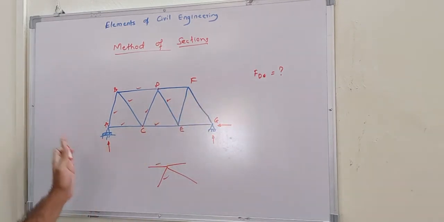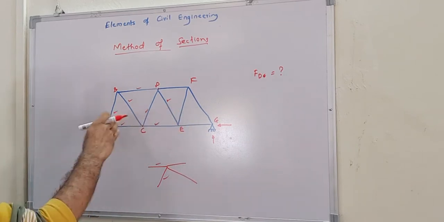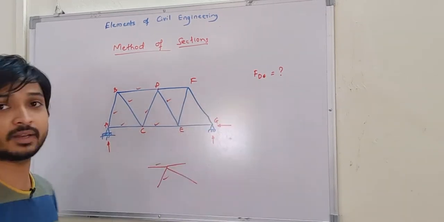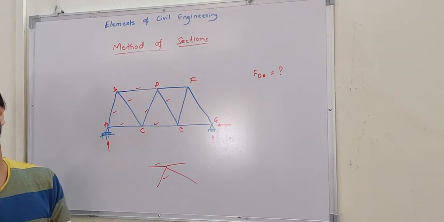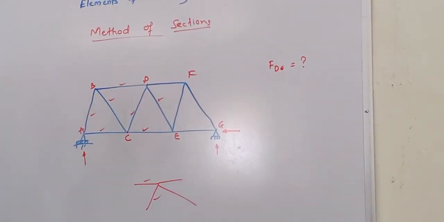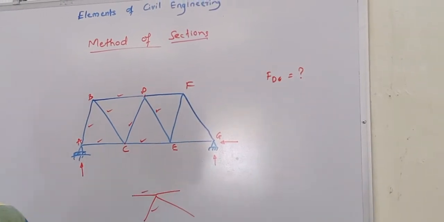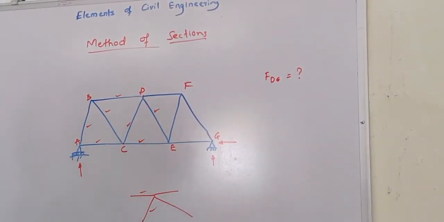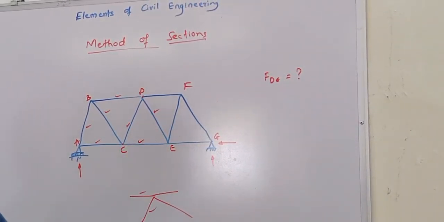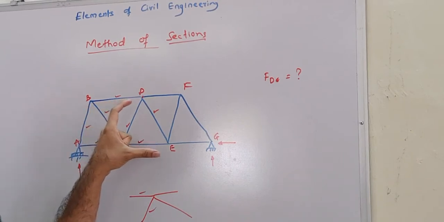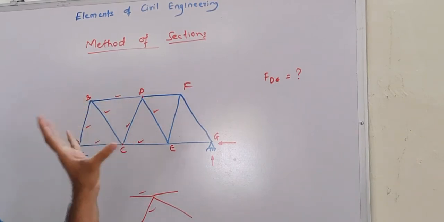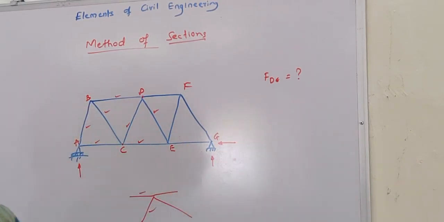If the truss is large, with 4 or 5 triangles instead of 3, and they ask you to calculate the force in a member somewhere in the middle, you have to do a lot of analysis before getting the value in that member. So this method becomes very lengthy or tedious when the truss is too large or too long.